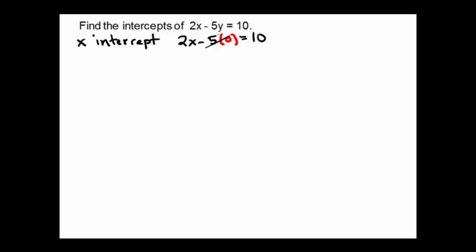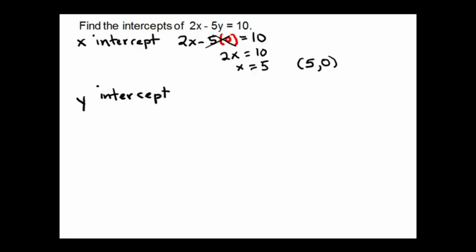And 5 times 0 is 0, so it cancels out. We have 2x equals 10, and divide out the 2. So x equals 5. If we want to write it as an ordered pair, the x we just found and the y we put in originally is 0.